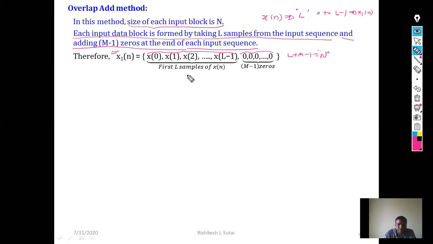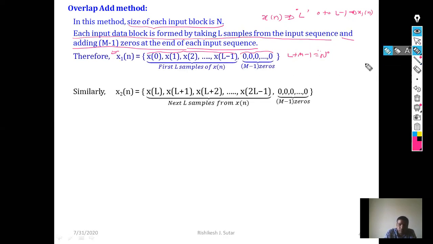Similarly, in the next block I also have to consider the next L samples. I start with L and end with twice L minus 1.